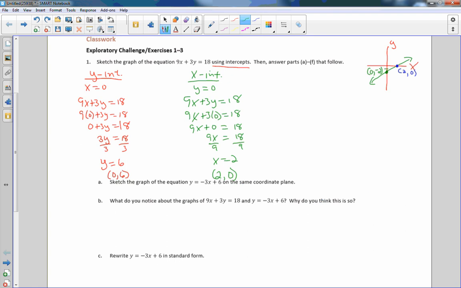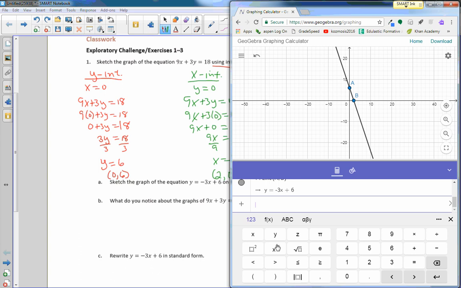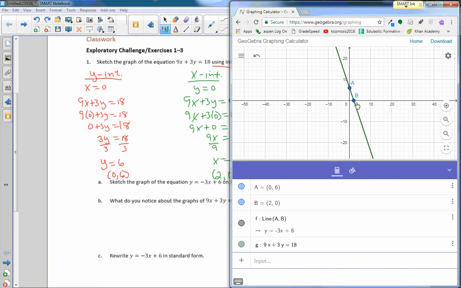If I go back to GeoGebra, y equals -3x plus 6 is right here, and if I put in 9x plus 3y equals 18, then you don't see it. And the reason is it's behind the other one.